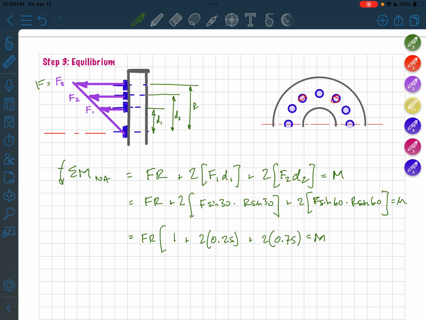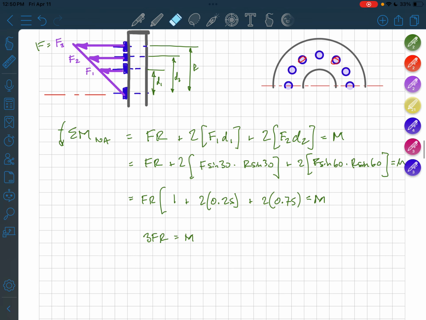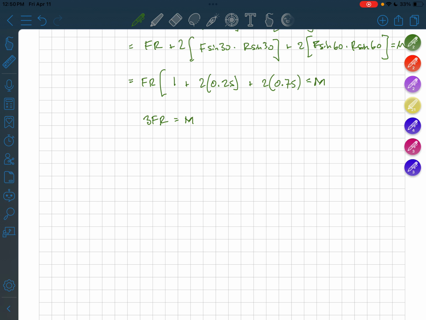My bad. Now let's simplify a little bit farther, and we're going to say that this expression is equal to 3FR times M. And solving a little bit farther, F is equal to M over 3R. Let's put some values here.